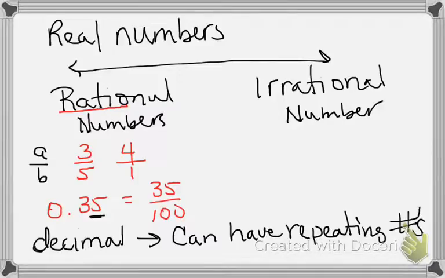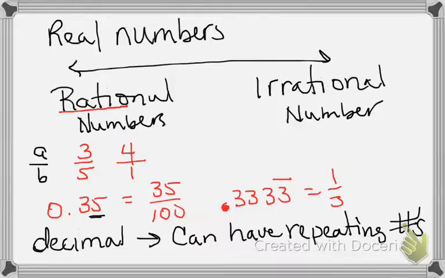So for example, let's think of 0.3 repeating. It just keeps going, keeps going, keeps going. Well, really, 0.3 repeating is 1/3.